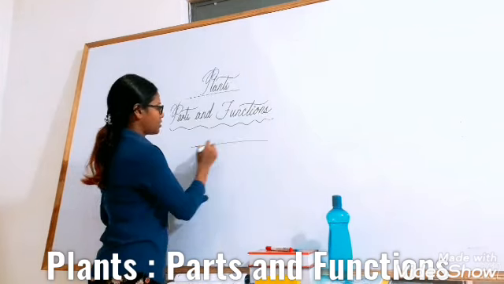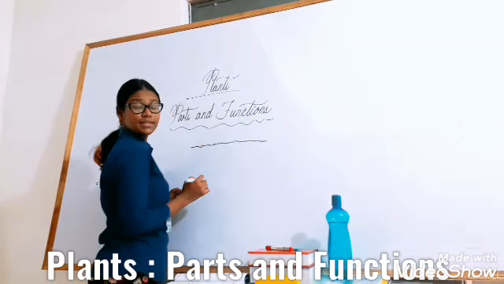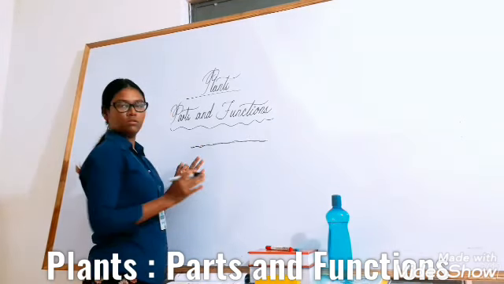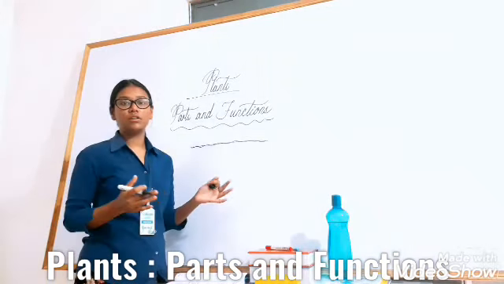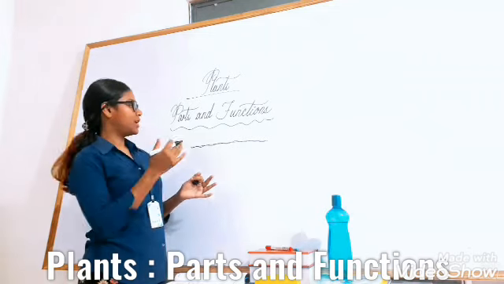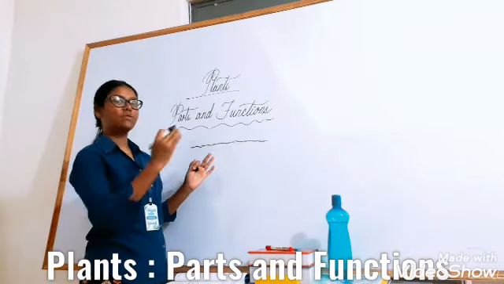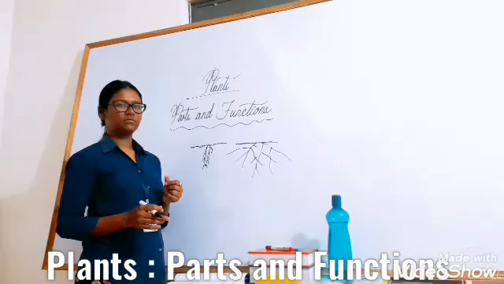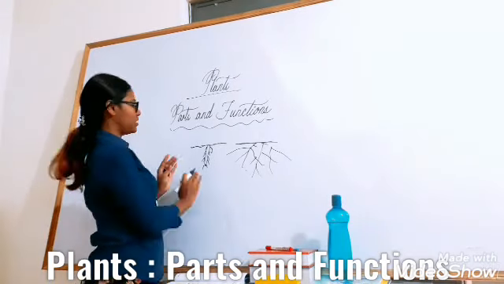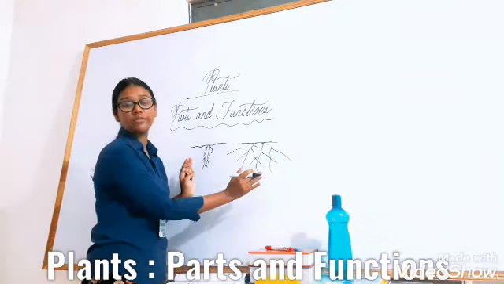See, this is your ground, and now the root. We have many different plants, so we may have different kinds of root also. Okay, so let's move forward. I'll be drawing two different types of root here. Okay, so here I have roughly drawn the figures for you.